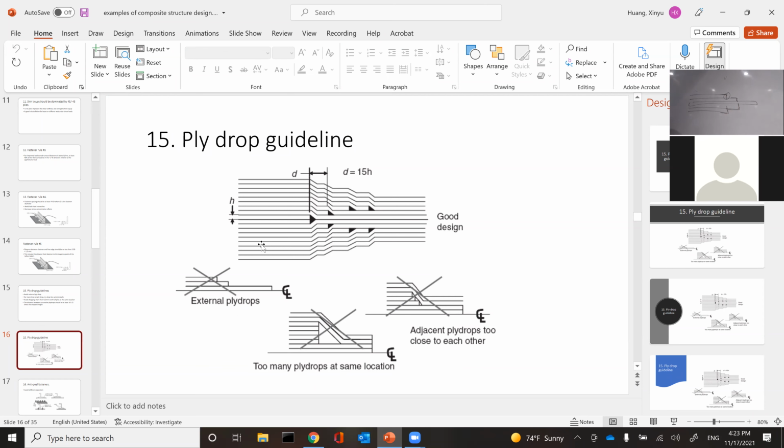This is to be avoided. You never want an external ply drop. You want a ply drop to be covered by a layer. This layer covers it up. You don't want a ply drop and the free surface to be exposed at the steps. So that's rule number 1. External ply drop is to be avoided.